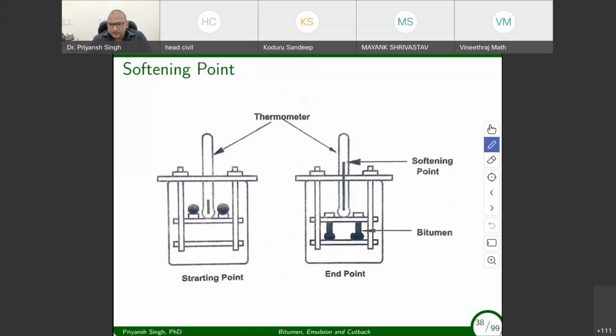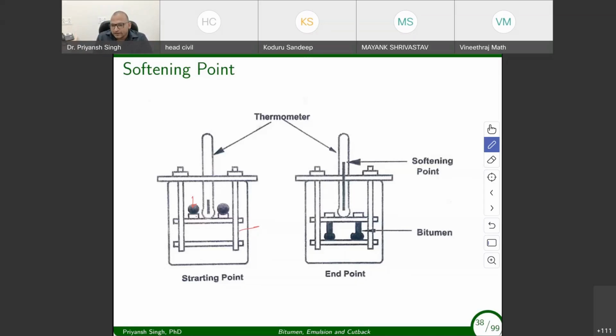The next parameter is the softening point. This is the famous ring and ball apparatus test. Here we have a standard ring in which you put your binder sample, and then you load it with a steel ball of around 3.5 grams. Here you start heating it from 5 degrees Celsius onward with a standard heating rate.